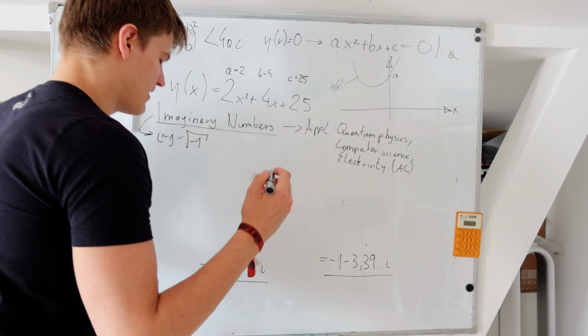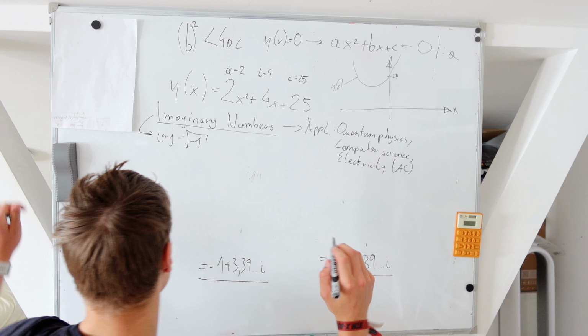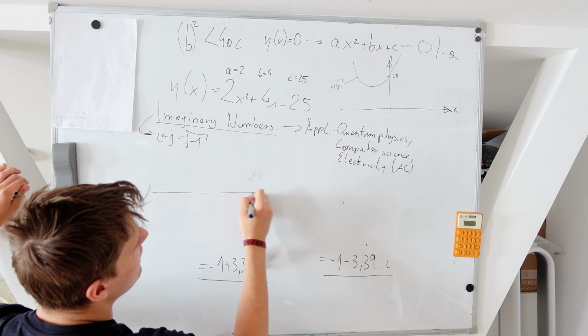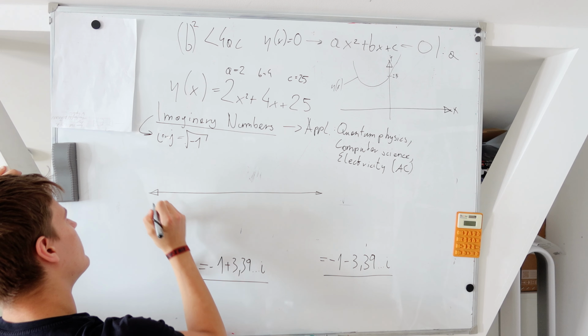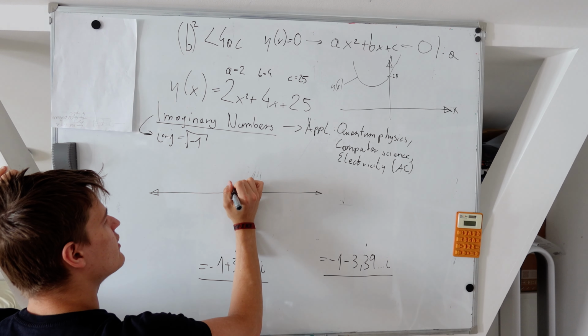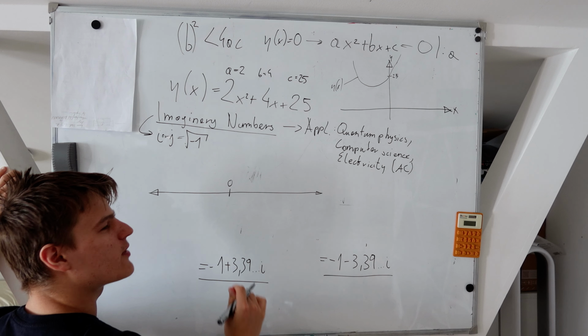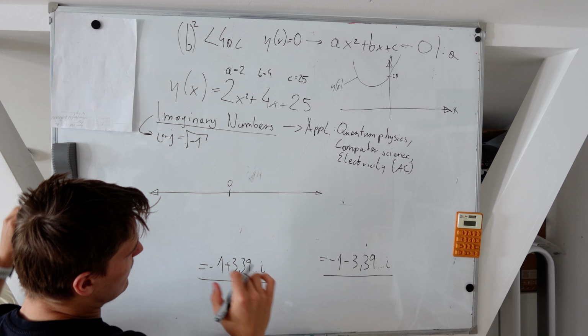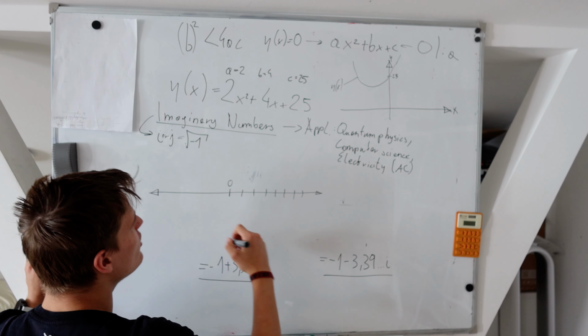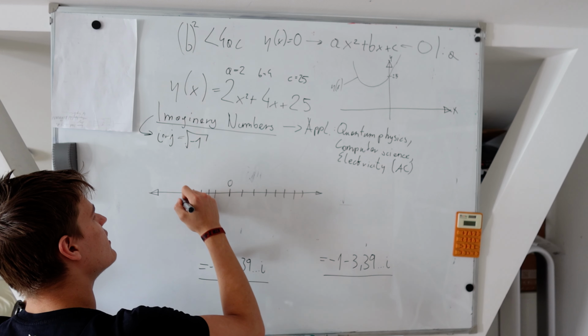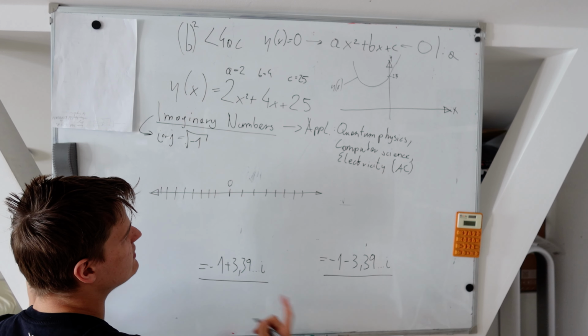Now let's have a look at what is happening and how we can approach this. Let's look back at, I don't know what it's called, I think primary school. In primary school, you learned that you have your numbers. You have 0, which is this neutral number, not positive, not negative.